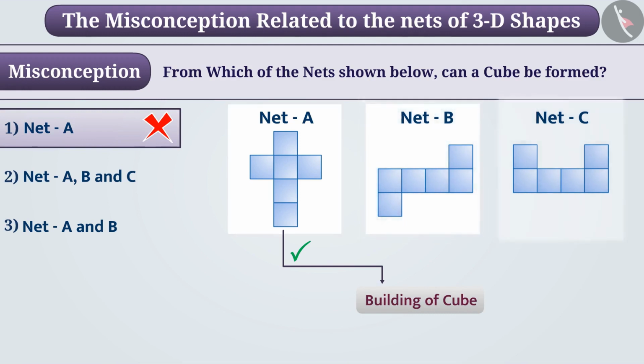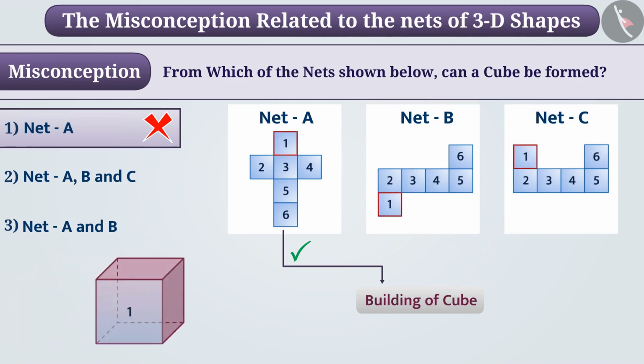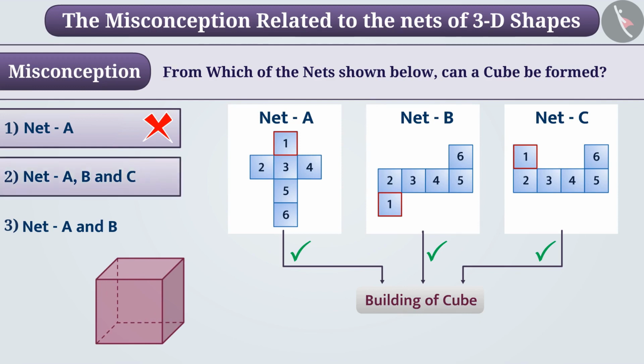Some children only see that there are 6 square faces in each net. Since a cube also has 6 faces, they think that the cube can be formed from the 3 nets shown. Here, they ignore imagining the 3D shape from the net and give option 2 as answer. But this is also an incorrect answer.